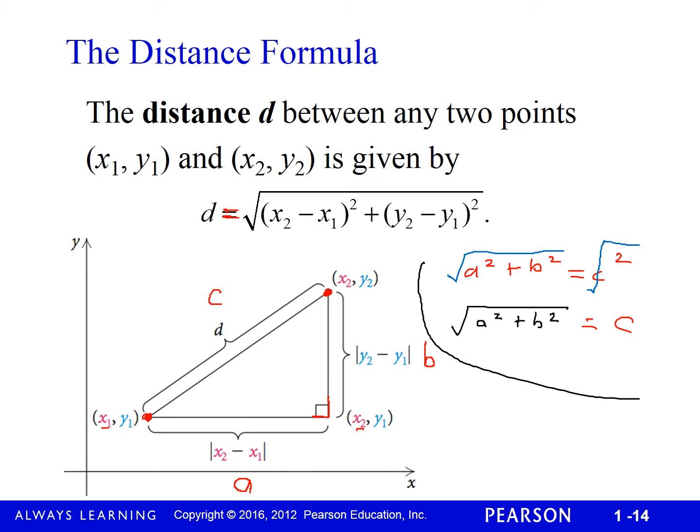Well, the distance is a difference, this difference here, and that's what's going to get squared in the distance formula. But this right here is the big formula, and that's what we'll want to know in order to find distances.